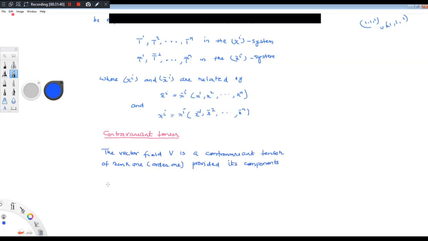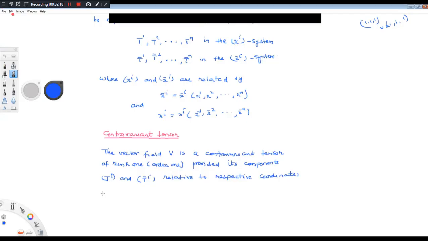What are its components? One is Ti and T bar I, relative to respective coordinates. What are those coordinates?